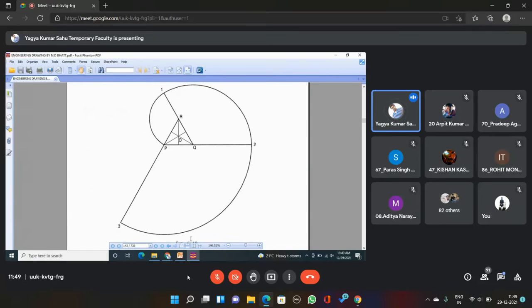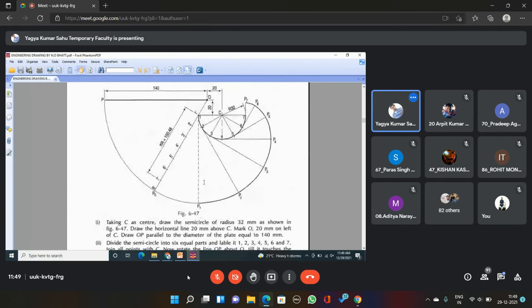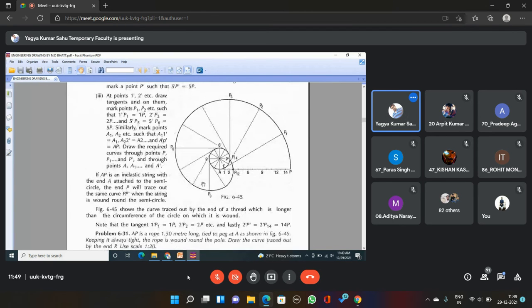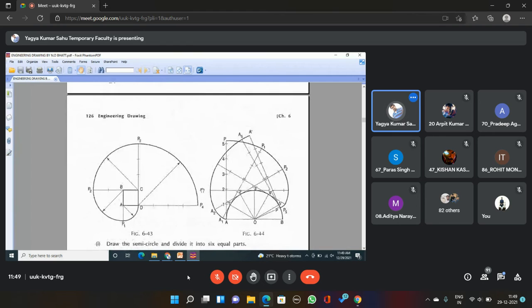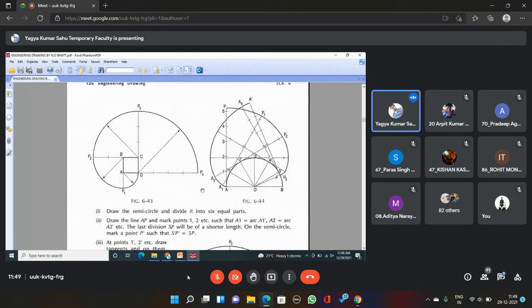Now you can see the involute of a square also in figure number 6.43. Involute of a square ABCD. First of all, draw the perimeter DP4.